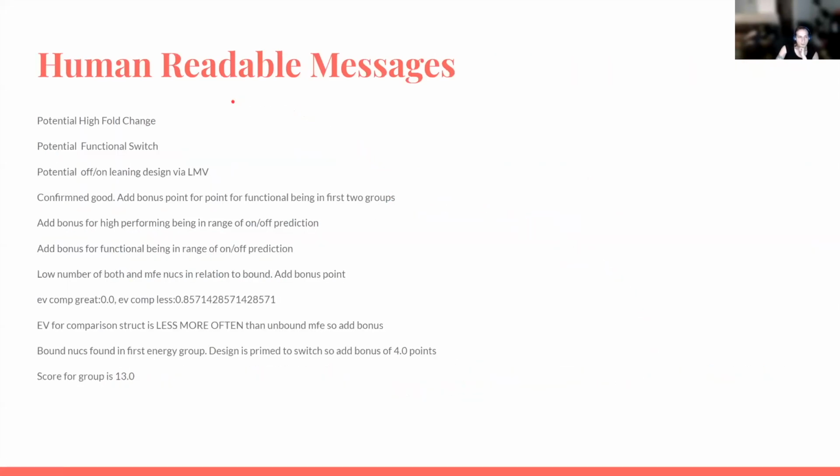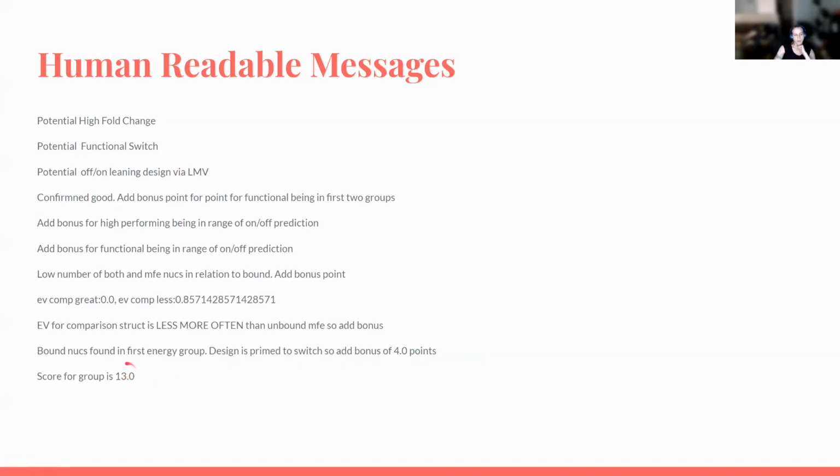And you get some human readable messages that pop out and tell you some information. Each time it makes a decision, it says, okay, I decided that this was a potentially high fold change. There was a bonus because it was in the range of on-off predictions. You had really good EV, so you're adding a bonus, and it was primed to a switch, so adding some more.